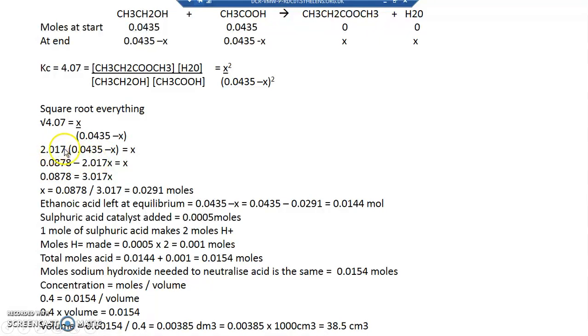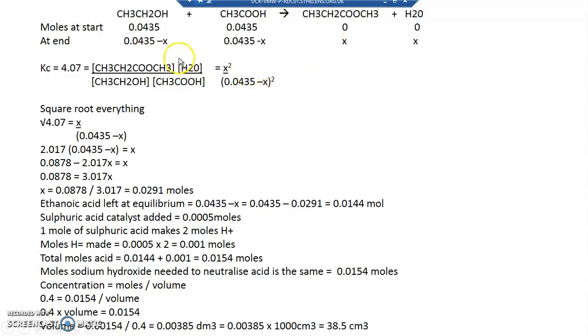Take away, you've got to do times by X as well, 2.017X equals X. Take X from one side to the other, it's minus on this side, it'll be a plus on the other, 0.878 equals 3.017X. Divide by 3.017, it'll give you X, 0.0291 moles. I now know how much of this I have made in the mixture.